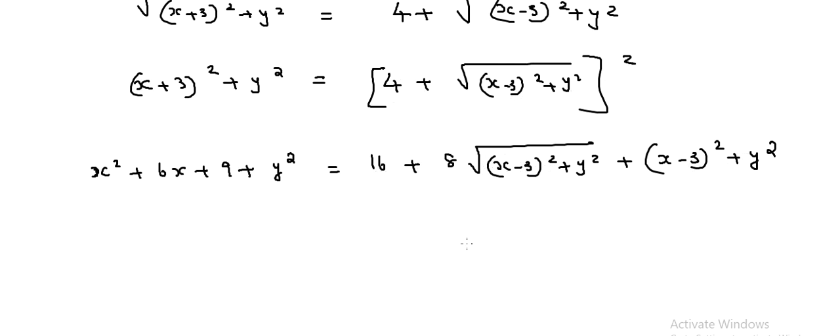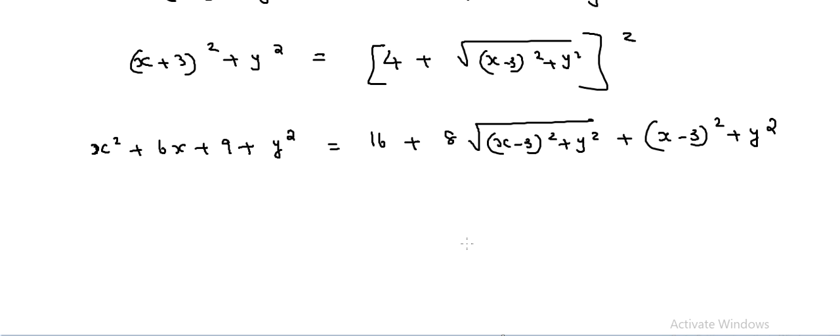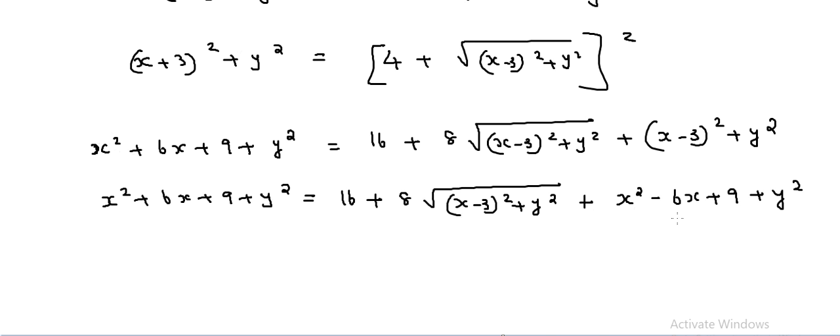Now when we further simplify, here (x minus 3) whole square is x square minus 6x plus 9. Now we have x square on both sides, so it will get cancelled, and 6x minus minus 6x means it will be 12x. And here there is 9, here there is also 9, it will get cancelled, y square will get cancelled.